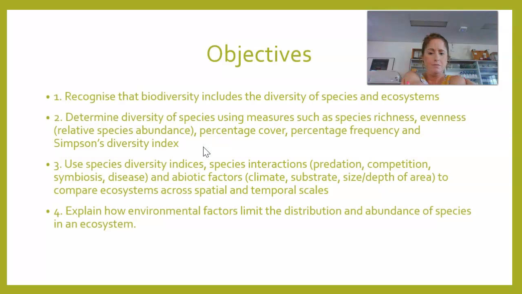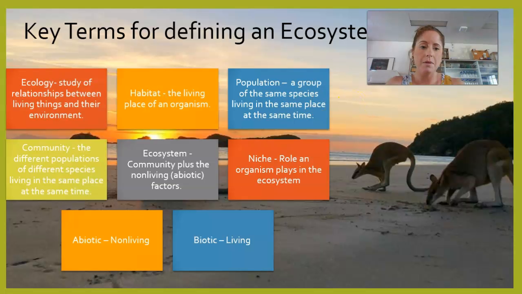Lastly, we will talk about how environmental factors can limit the distribution and the abundance of species in an ecosystem.